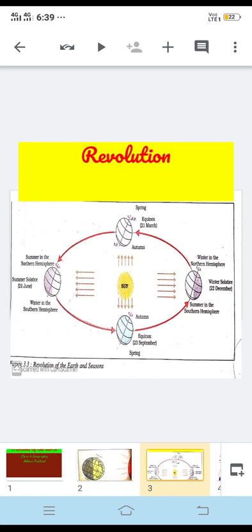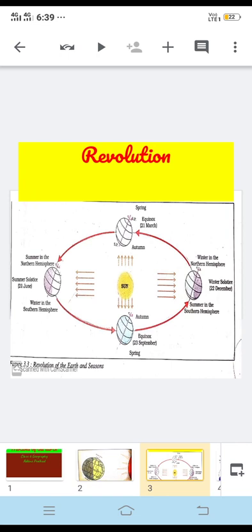But the half of the earth which is not receiving the sun rays will not get light, and there will be night and darkness. As the sun rays are not reaching there, the temperature will be at freezing point, or a very cool atmosphere.